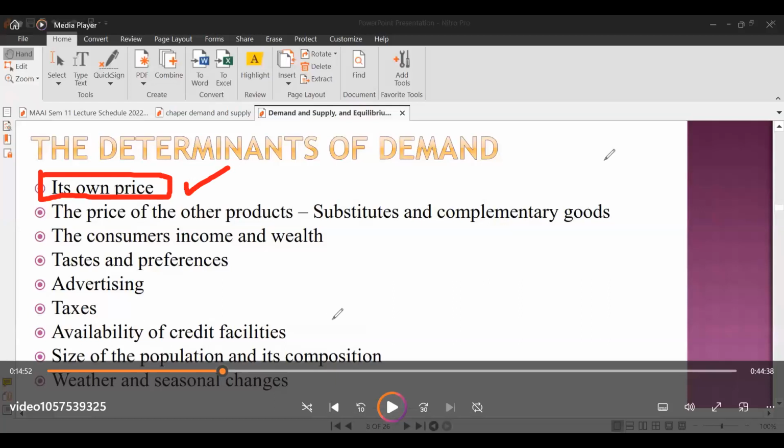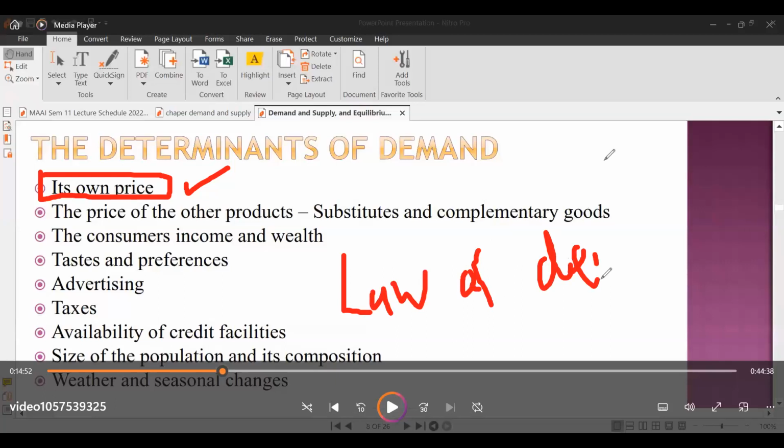So under demand, we are now going to identify a new concept, the law of demand. So what does this law of demand mean?